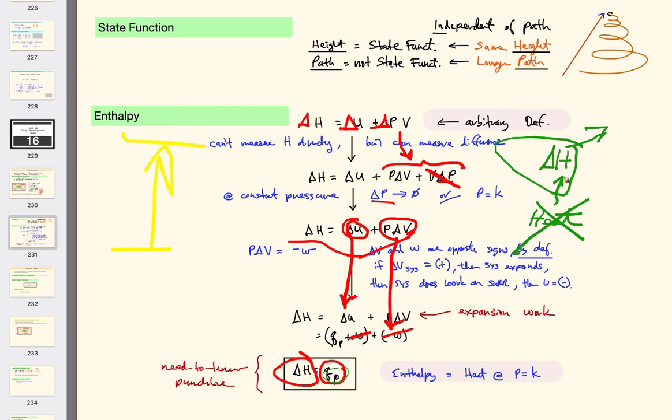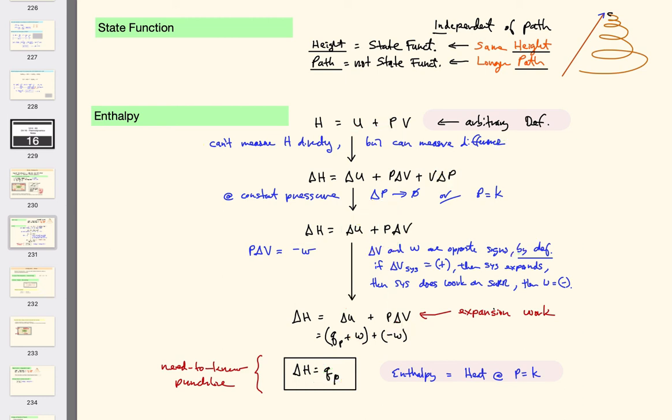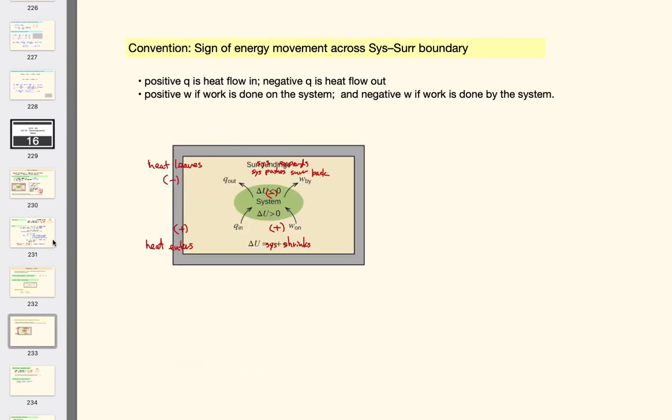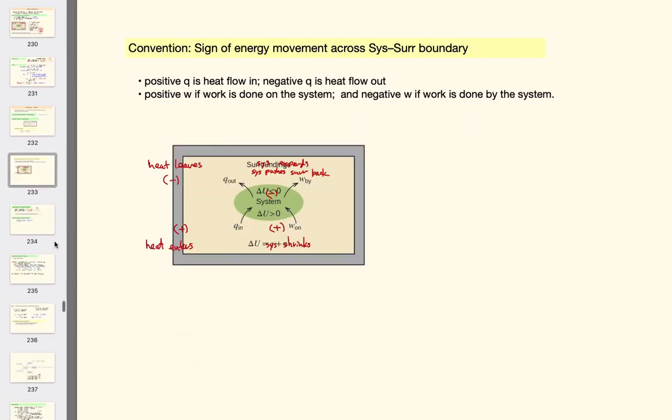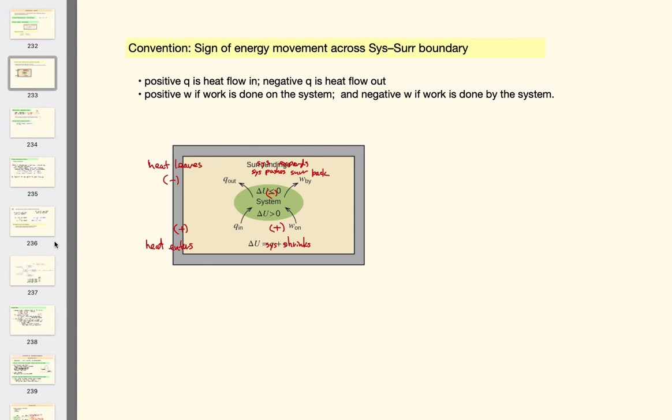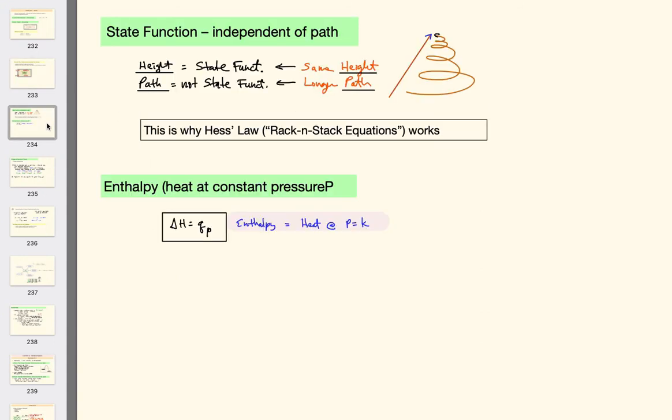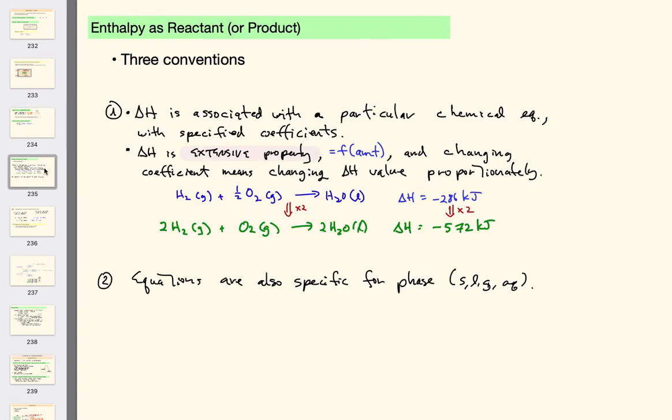But be aware, if somebody says enthalpy or you read enthalpy, that implies you're under constant pressure. Okay, so there we go. I think I beat that horse dead enough. Most of what you're going to have is just problems. But again, I'm spending time on this because it's very hard to ferret through this without understanding those and getting lost in the weeds. Okay, so we've talked about that.